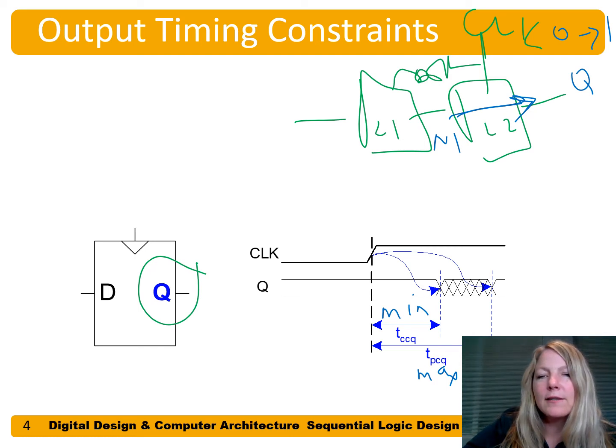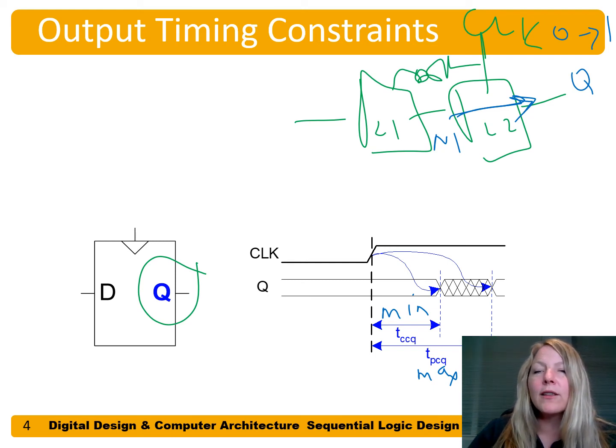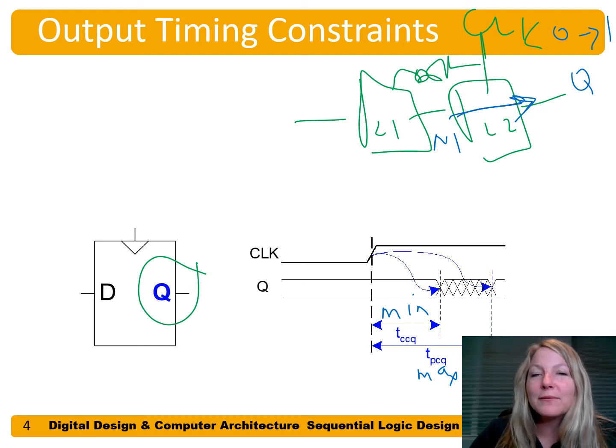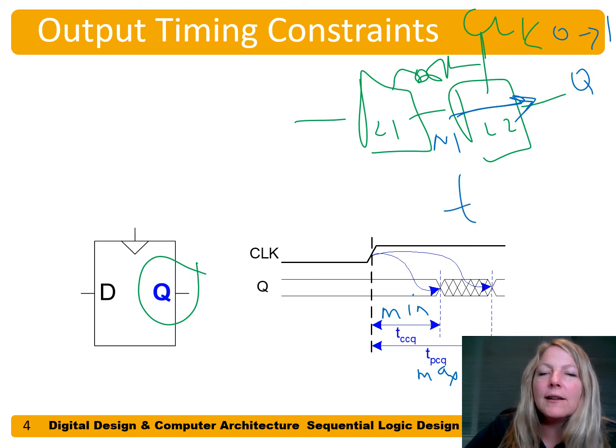Circuits have a minimum and maximum delay, for example, depending on the temperature and where the circuit is on the chip. Notice that it's T propagation clock to Q instead of propagation delay because it depends on the clock edge.